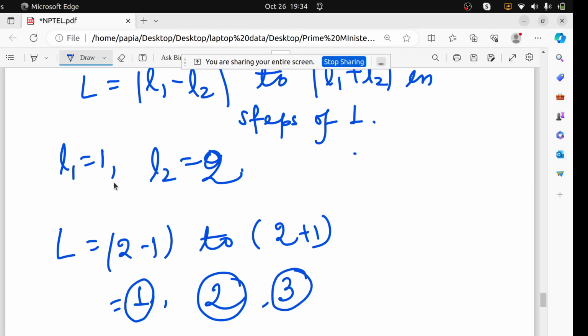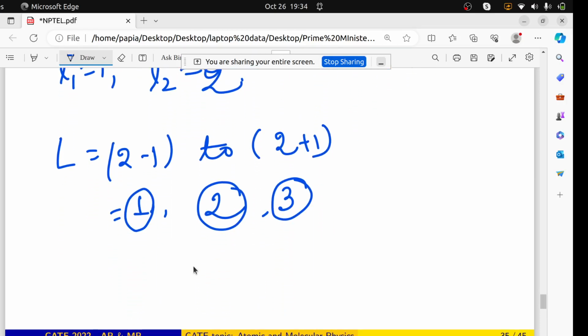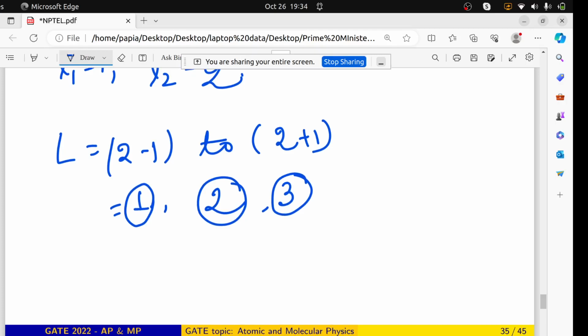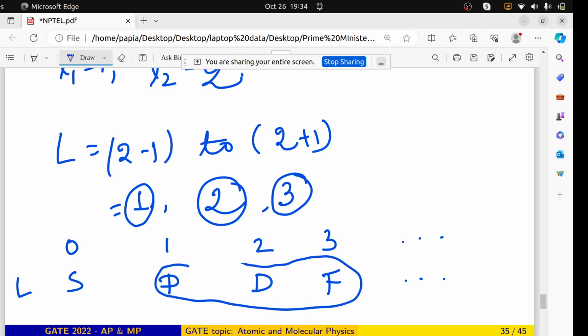Now what will be the spectroscopic notation for these 3 values of L? 0, 1, 2, 3 like that. What will be the L value? S, P, D, F like that. So 1, 2, 3, that means P, D and F spectroscopic notation will be there.